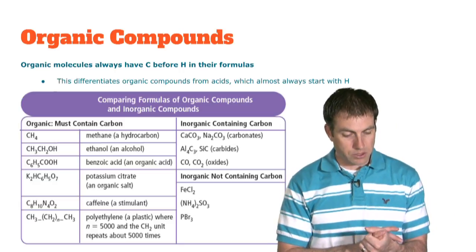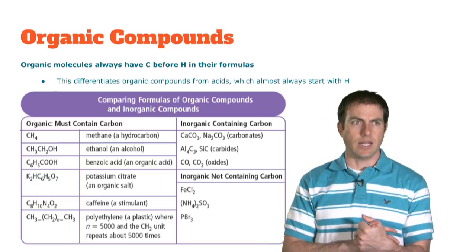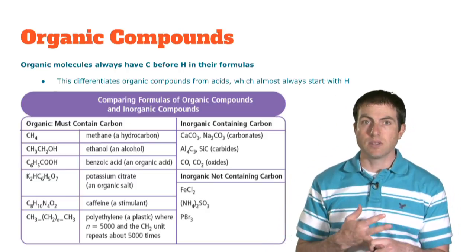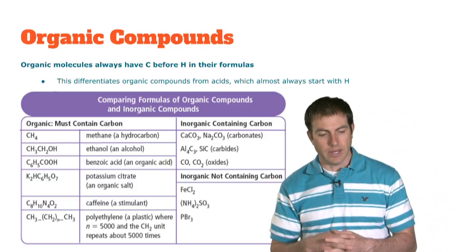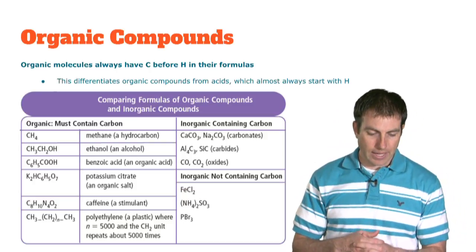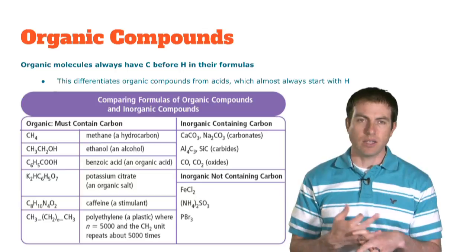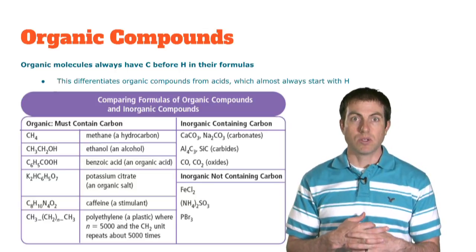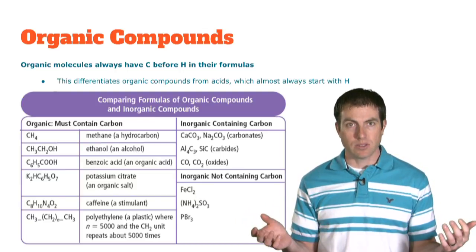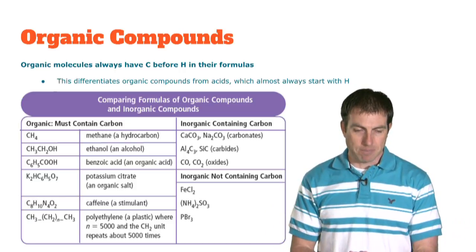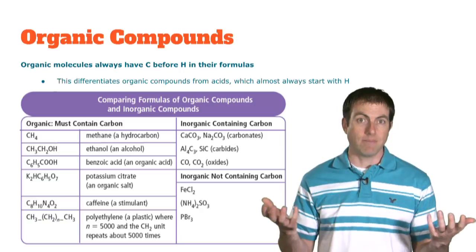Ethanol is a special type of alcohol, and we use alcohols for cleaning things. People consume alcohol, things like that. You have organic salts, you have caffeine, things like Tylenol, almost all pesticides are organic compounds. Our clothing, if I'm wearing cotton, that's an organic compound.